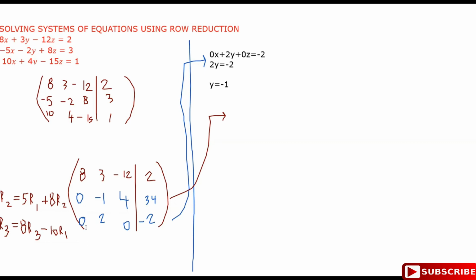8 times 4 minus 10 times 3, that's 2, this 2 is good.